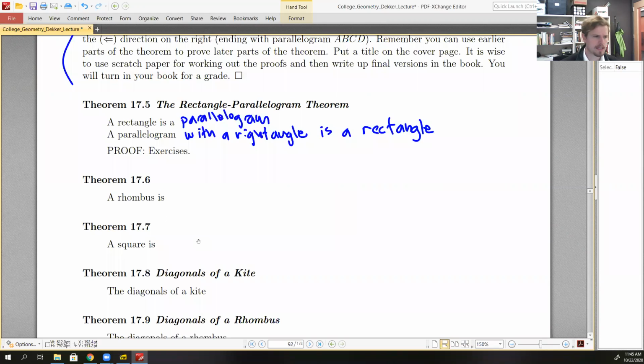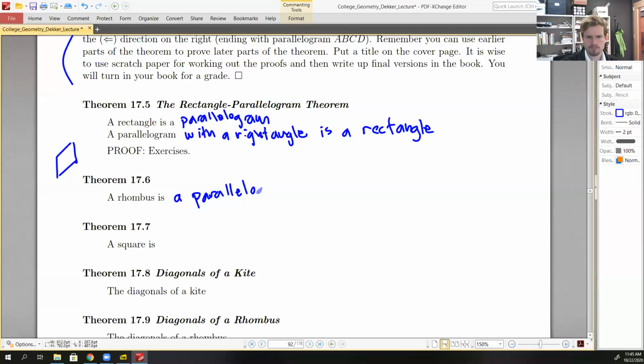All right. A rhombus, right? A rhombus looks something like this, and a rhombus is a parallelogram. But it is also a kite. If you don't recall what a parallelogram, a kite, or a rhombus is, I believe we talk about these things in section 3, but of course, you could quickly search on the internet what the definitions are for each of these things as well.